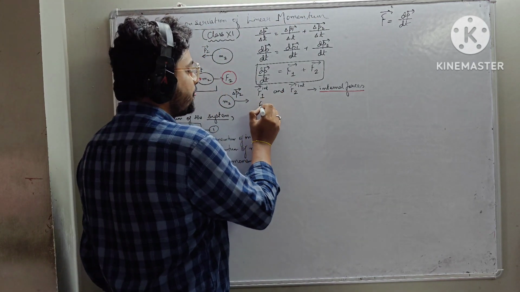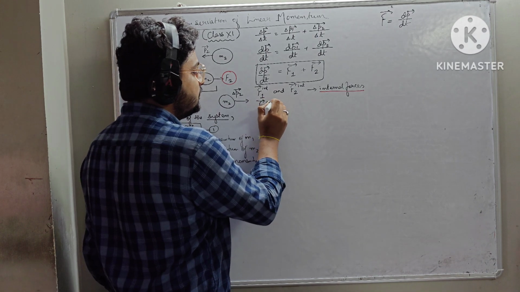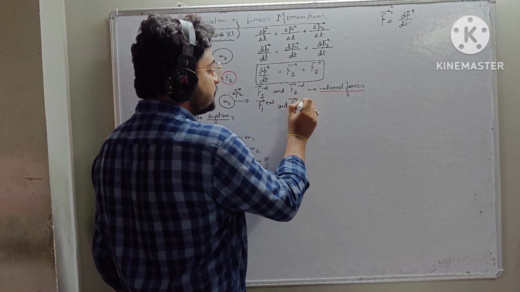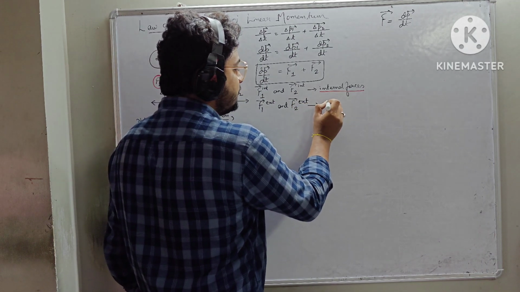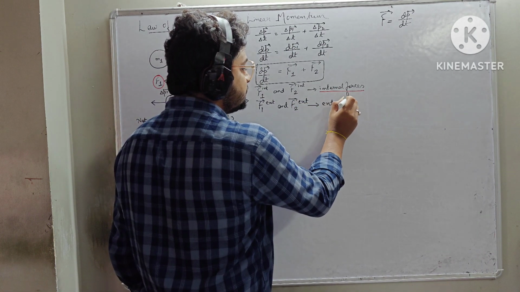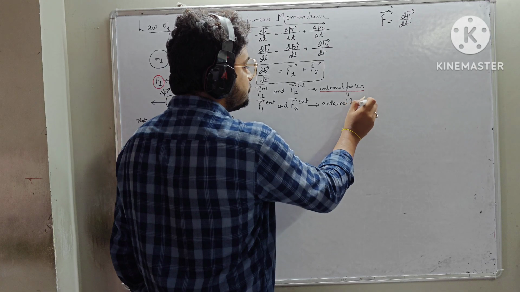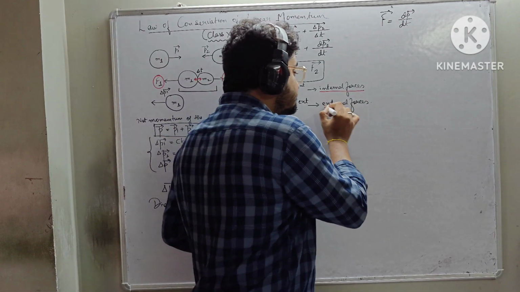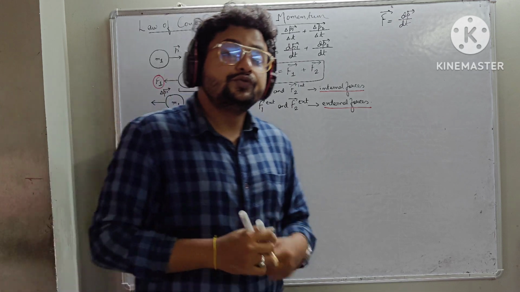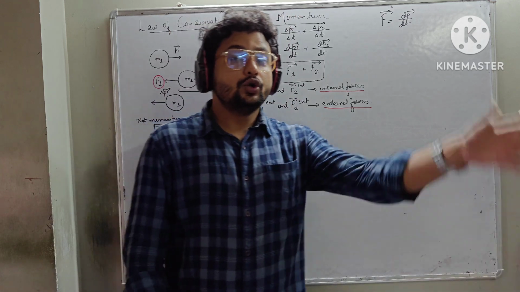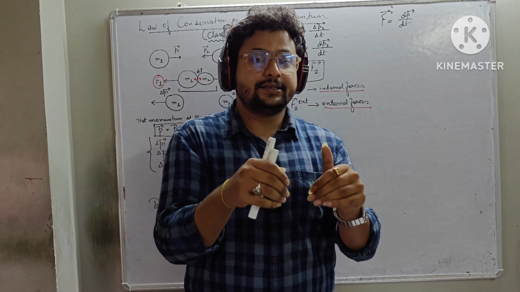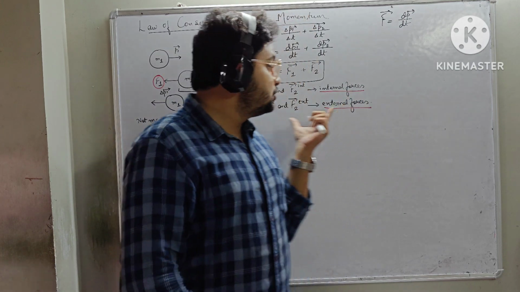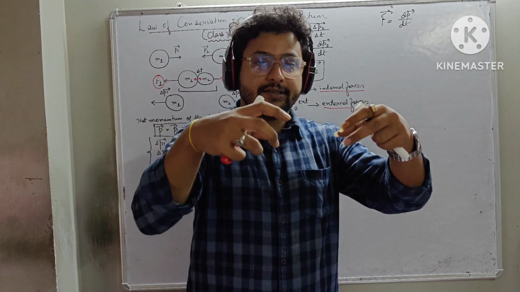Suppose F1 external and F2 external, these are known as the external forces. Now why the name external forces? Because these two forces I have given on both the bodies from outside the system. These two forces are acting from inside the system and these two forces are acting from outside the system.